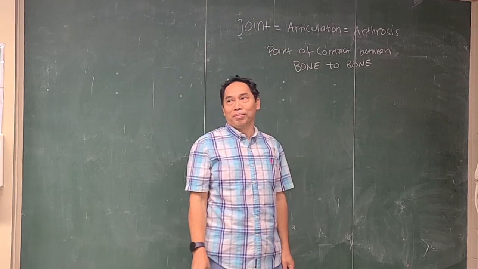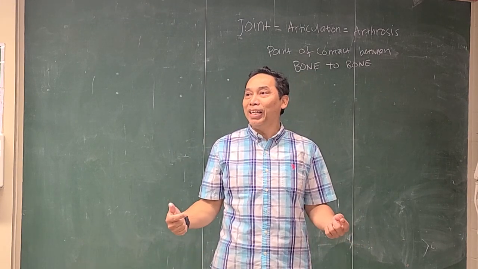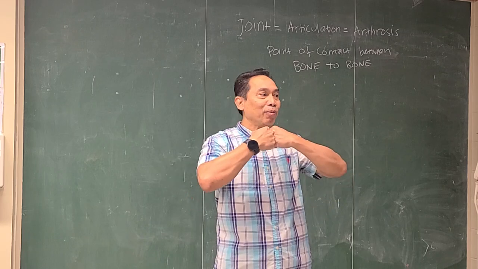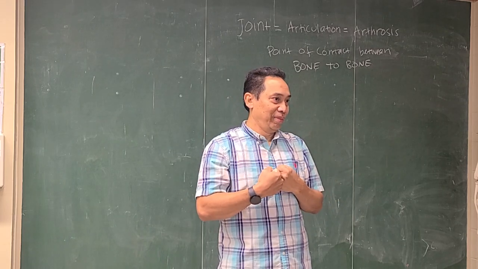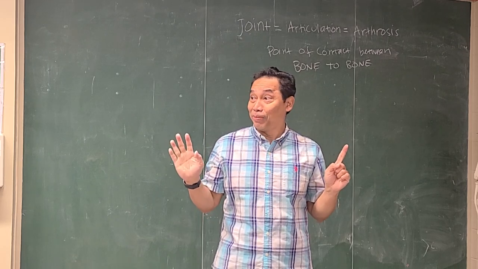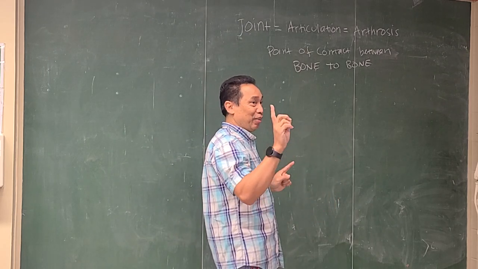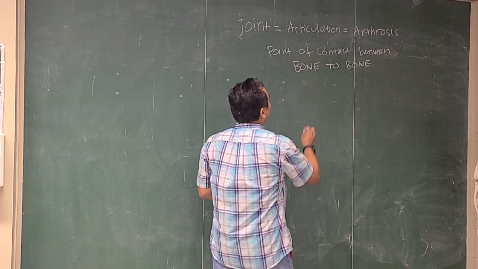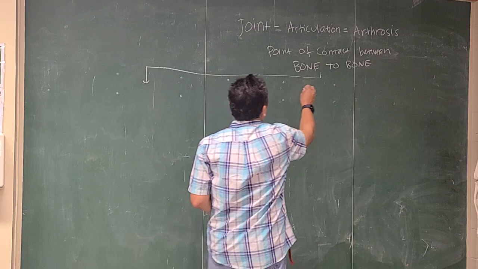That's the primary definition of the joint. What is a joint? Point of contact between bone to bone. See, not difficult, right? Point of contact between bone to bone. Are you with me? Now we're going to learn the classification of joints.